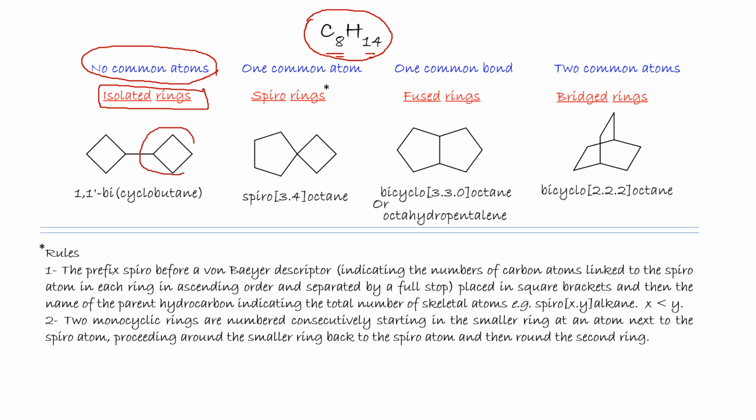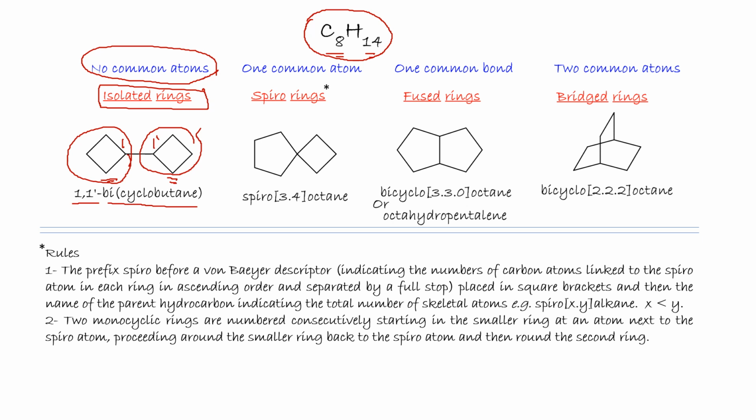So it's C8, so we can draw cyclobutane connected to cyclobutane. This is carbon 1 on this ring, and this is 1 prime on this one, and we call it 1,1 prime bicyclobutane.